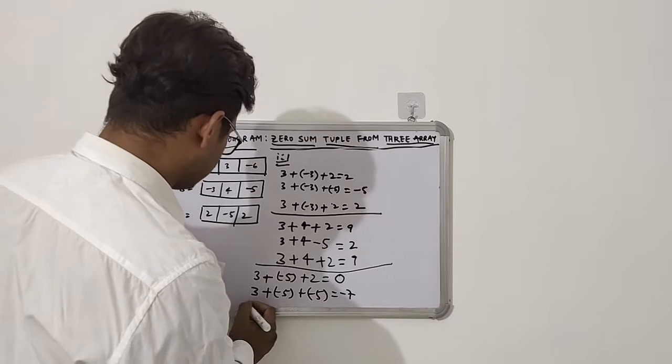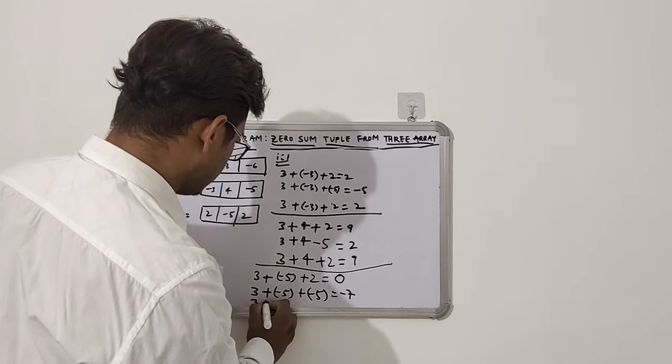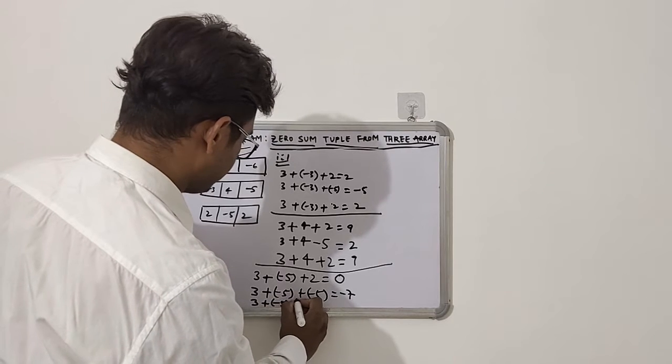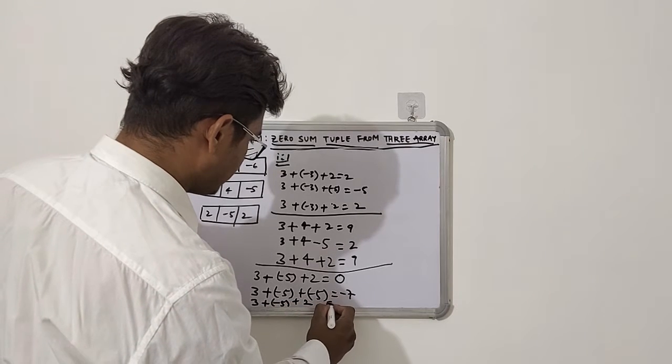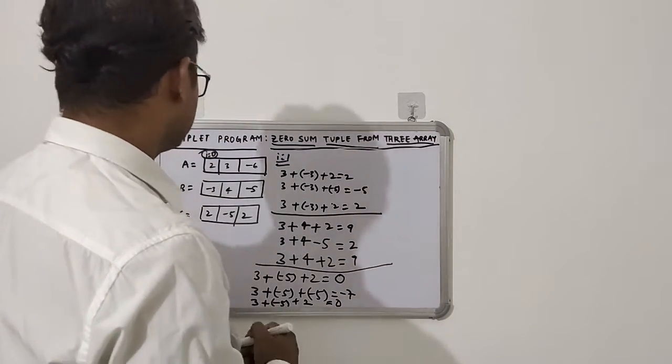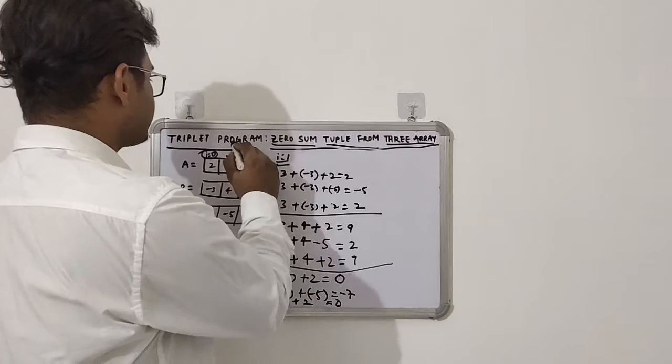Let me next write here 3 plus minus 5 plus 2, this will also be 0. Okay, now for i equal to 1 it is over.